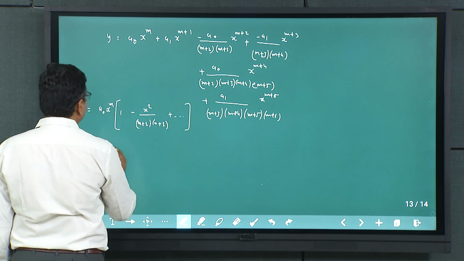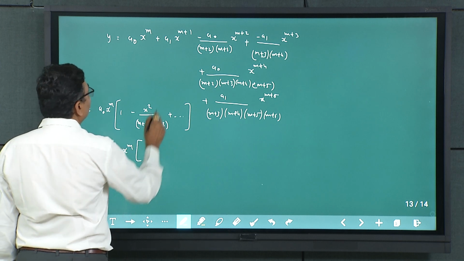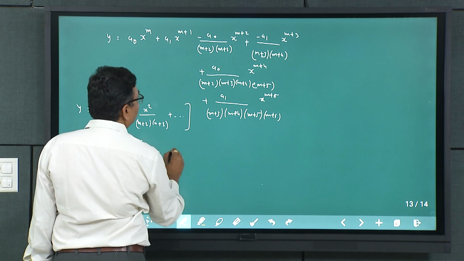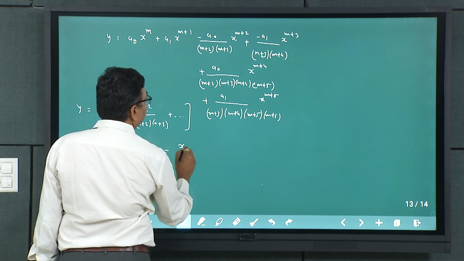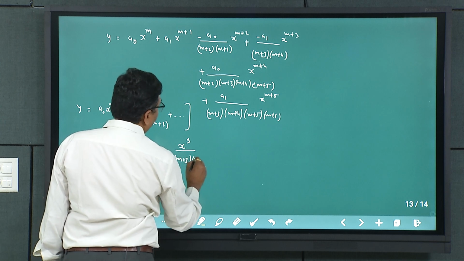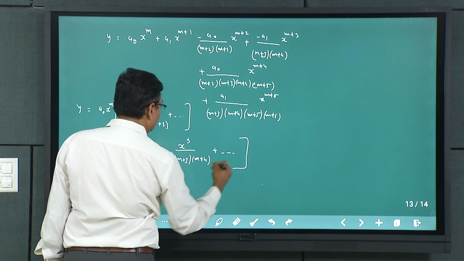And take A1 common, A1 x raised to the power m common. So here it is x, right, minus x cube upon m plus 3, m plus 4 and so on, right?